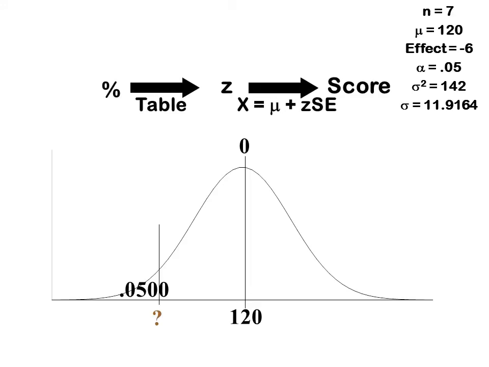Now remember, to go from the percentage to the score, we have to first go to the table and find the z. If we go to the table to find the z score for 0.0500, we'll find it's halfway between negative 1.64 and negative 1.65. So I'm going to go with negative 1.645, which is halfway between those two.